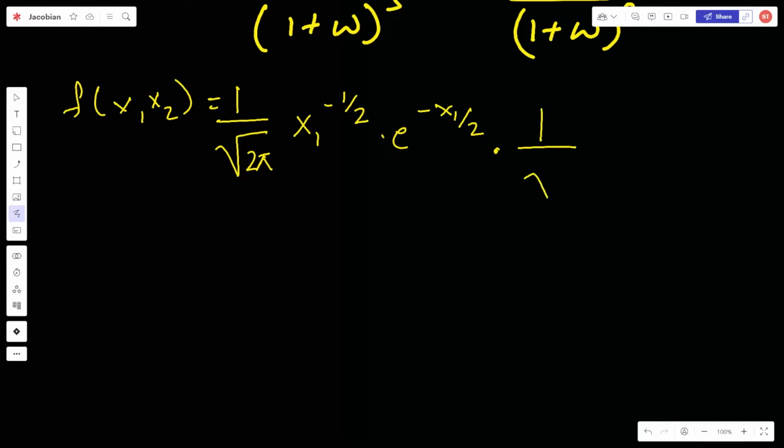Same thing goes for x2, so we have 1 over root 2 pi times x2 to the negative 1/2 multiplied by e to the power negative x2 over 2.